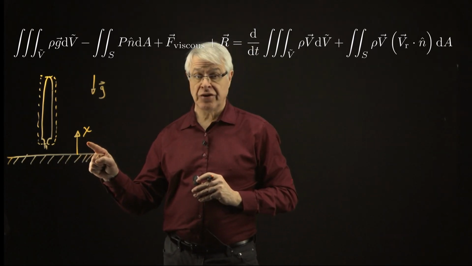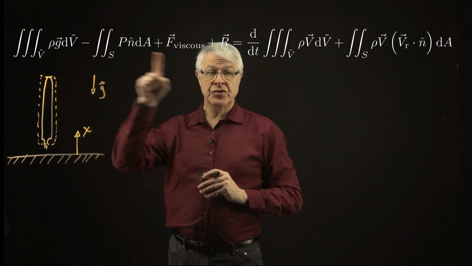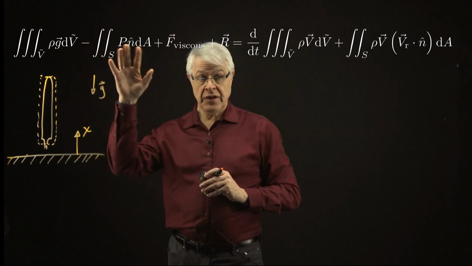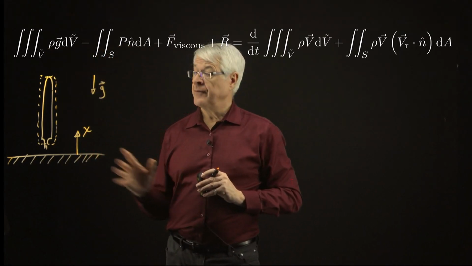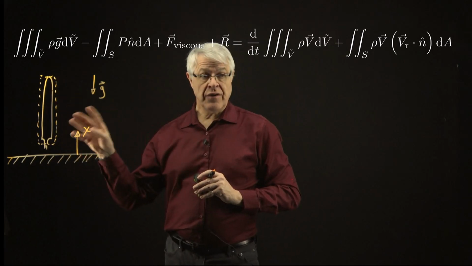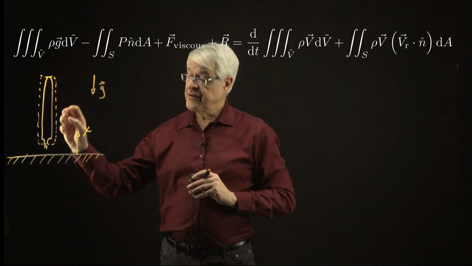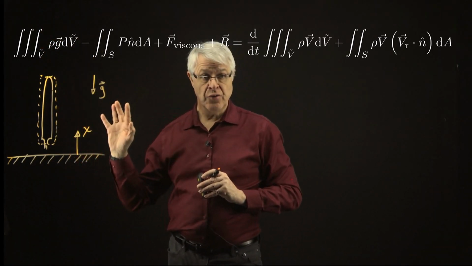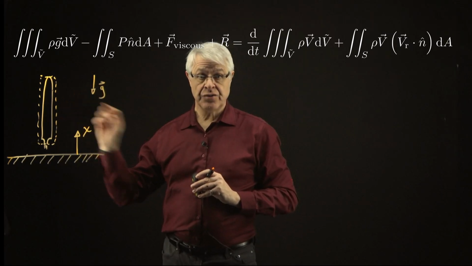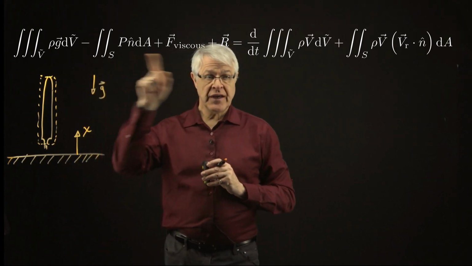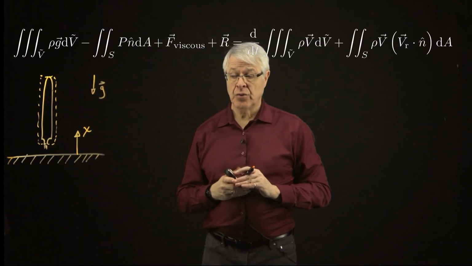It has to be an inertial coordinate system in order to apply conservation of linear momentum in the equation that I've got here. The control volume, however, is moving with the rocket. So it's accelerating away from the ground with the rocket. It's attached to the rocket. And so we'll be dealing with that as we simplify our equation.